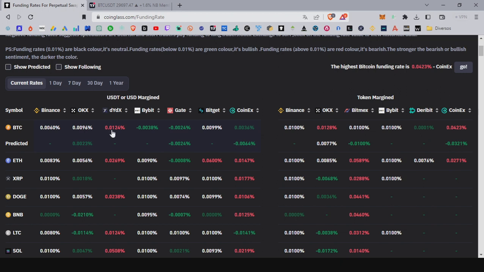On DIDEX, it's positive, so when we see the funding rate on DIDEX, we might have the feeling that the price will drop. Bybit, it's negative, so we might think that the price will pump. Gate, price will pump. BitGet, price will drop. CoinEx, price might pump. It's not negative, but it's quite lower than 0.01.